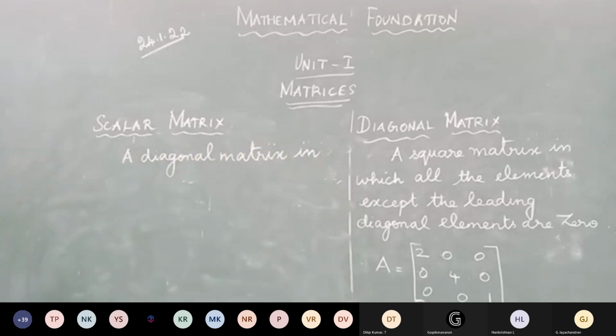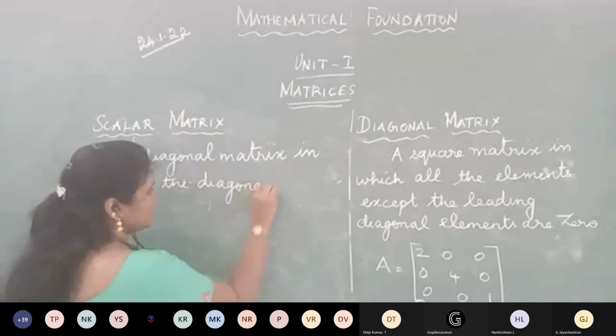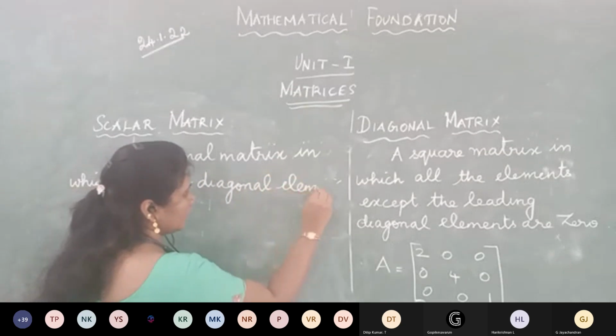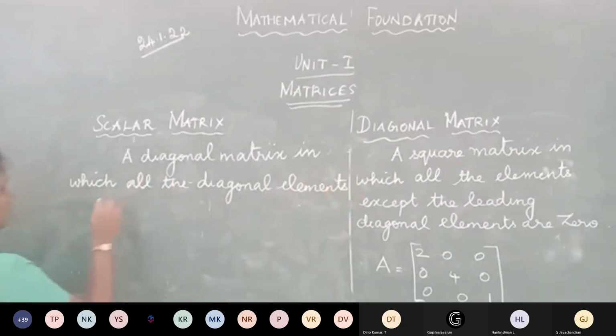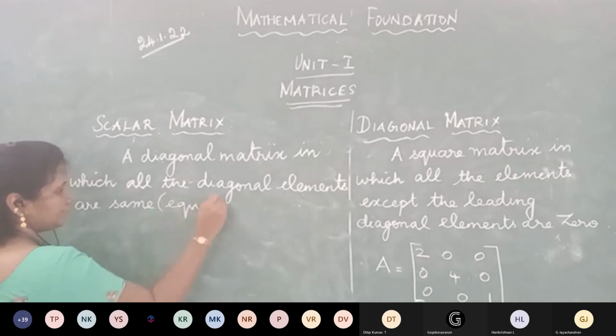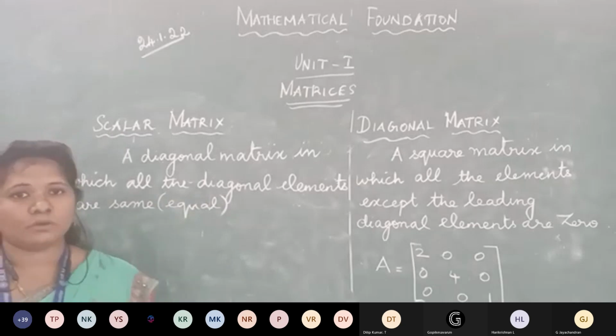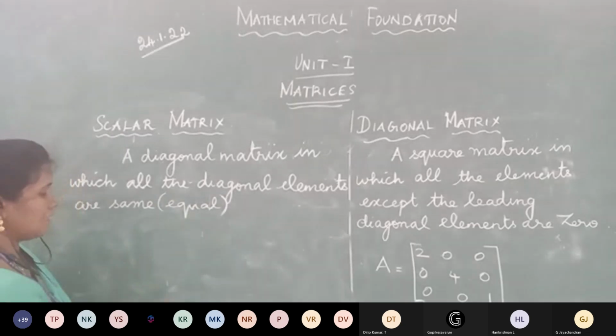A diagonal matrix in which all the diagonal elements are same. Diagonal elements are same, then it is called a scalar matrix. Or same or equal, even then. If all the elements in the diagonal value are equal or same, then it is called a scalar matrix.